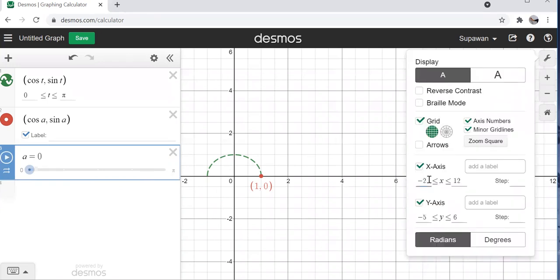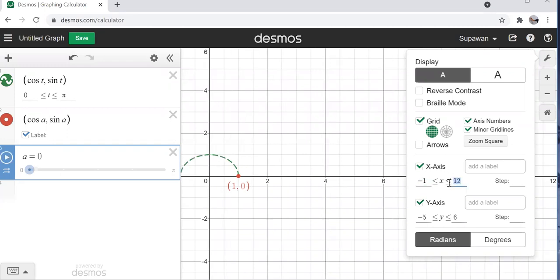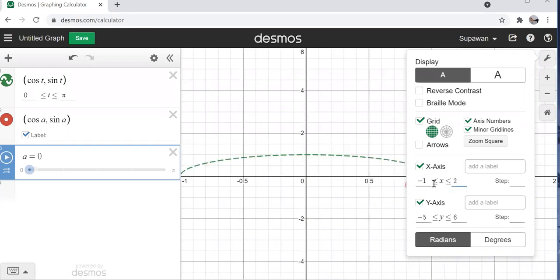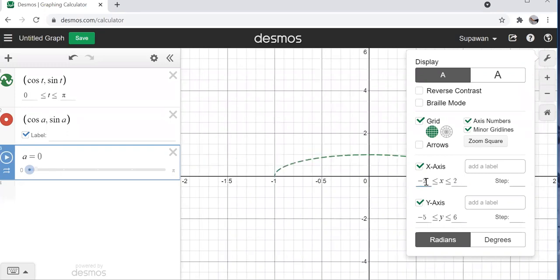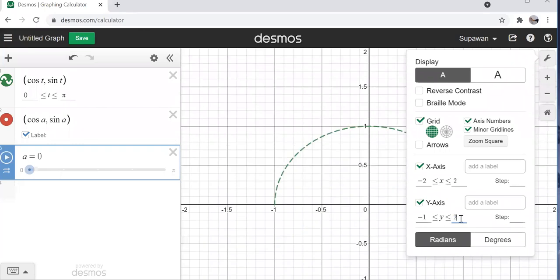The x minimum is negative 1 and the x maximum is positive 1, so make it from negative 2 to positive 2. The y minimum is 0 and the y maximum is 1, so I'm going to put negative 1 up until positive 2.